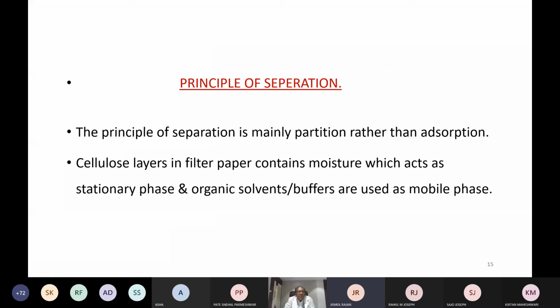The principle is mainly partition rather than adsorption. The cellulose layers in the filter paper contain moisture which acts as the stationary phase, and the organic solvents and buffers used are dipped into the beaker or container. It is used as the mobile phase.